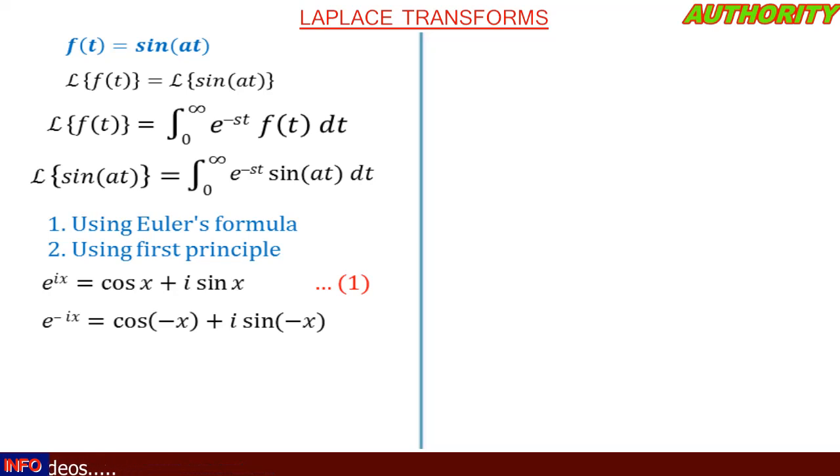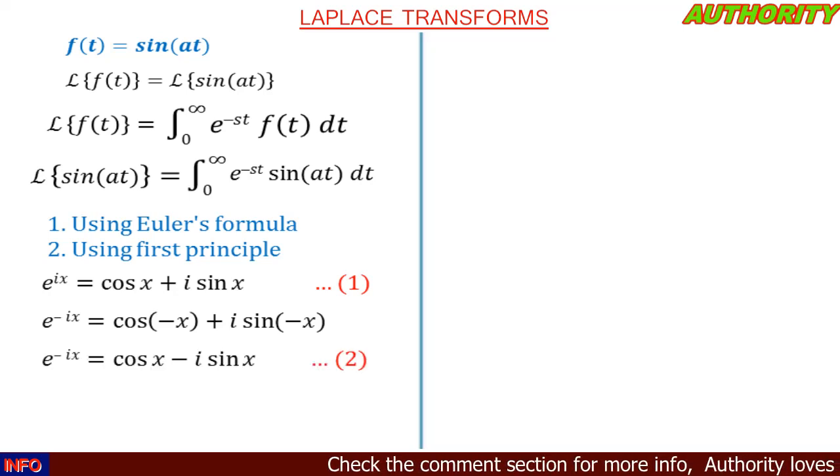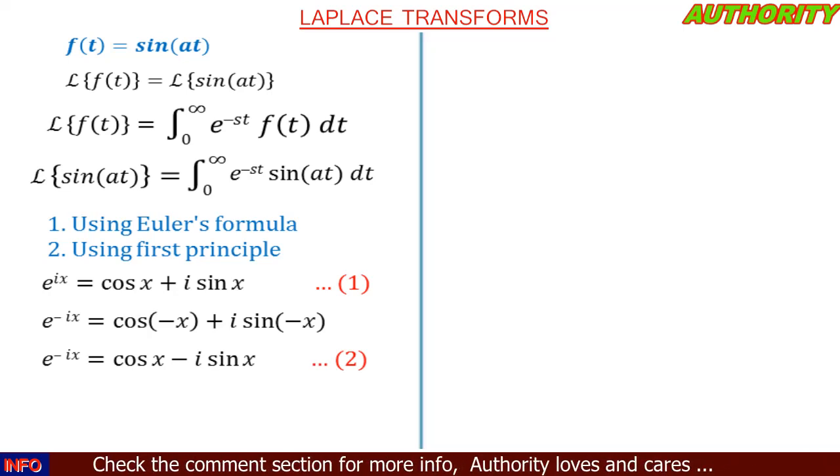So we're going to have cos minus x plus i sine minus x. The cos will swallow the negative sign, giving us cos x, and in sine minus x, the negative comes outside, so we have minus i sine x. Let's call this equation 2.